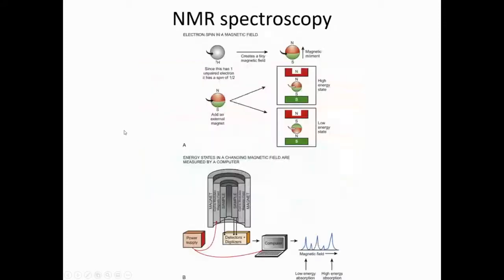And then NMR spectroscopy is another technique that can be used to identify the three-dimensional protein structure. In this technique, a solution of pure protein is bombarded with radio waves while held in a strong magnetic field.